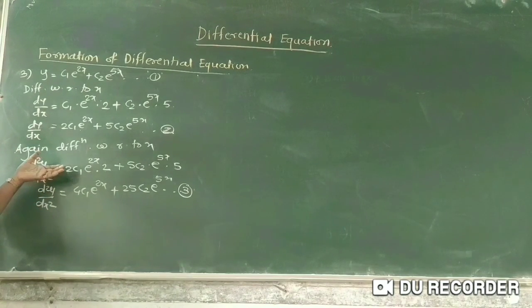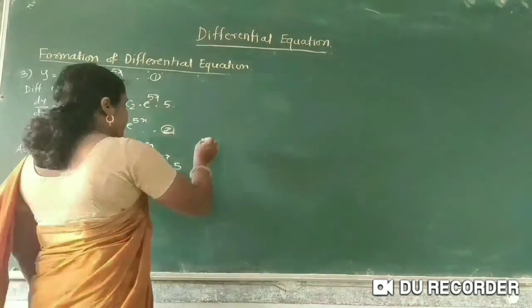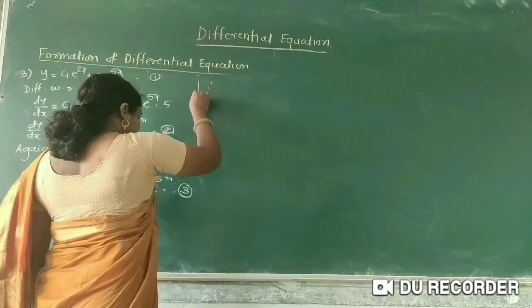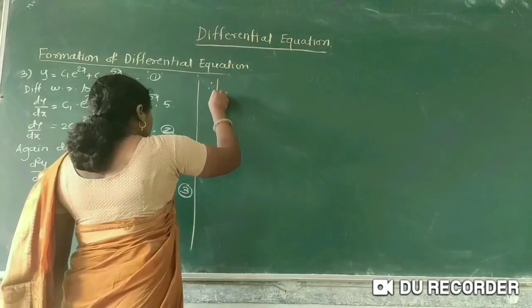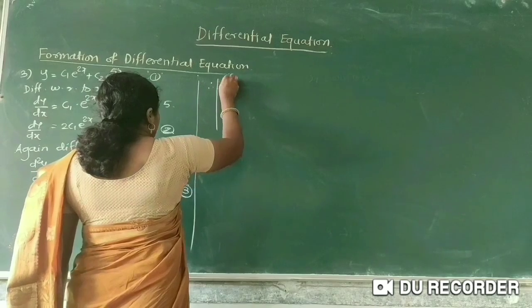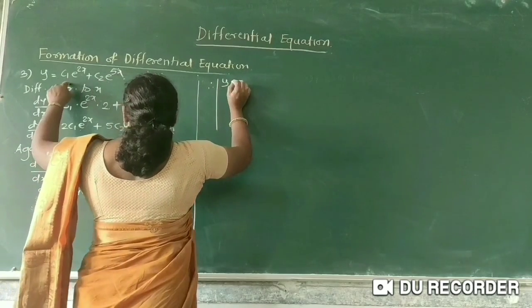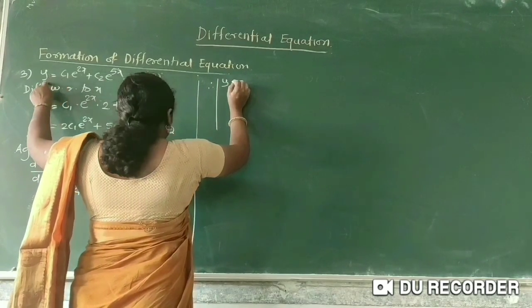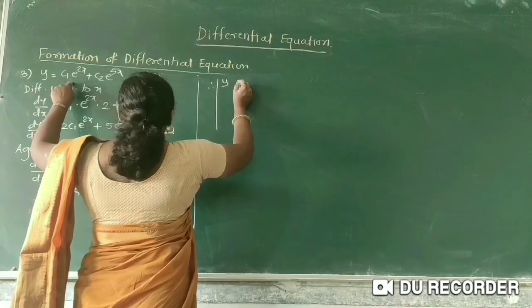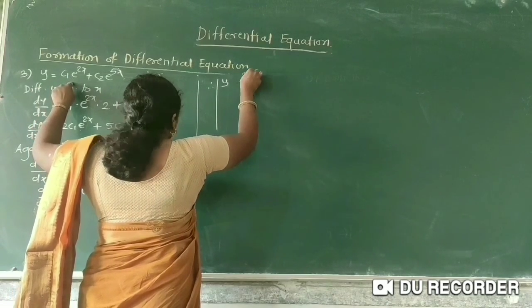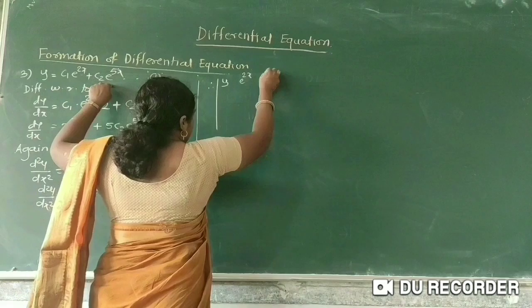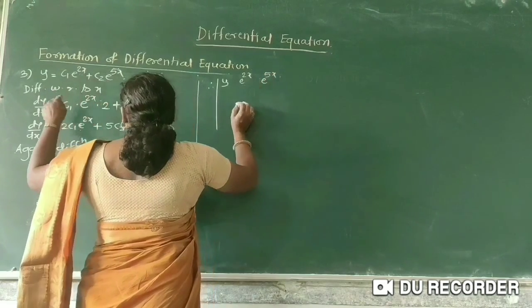These equations are consistent. Therefore, take the value of determinant as y from this equation. Take the coefficient of c1 is e raised to 2x, coefficient of c2 is e raised to 5x.